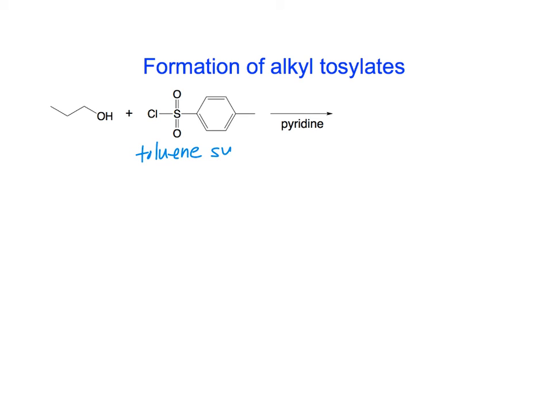The final way to make an alcohol into a good leaving group is to make an alkyl tosylate. So the way that this works, we use this reagent here, which is called toluene sulfonyl chloride. And what happens is that the alcohol displaces the chlorine to form an intermediate.